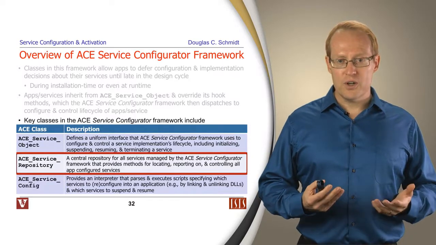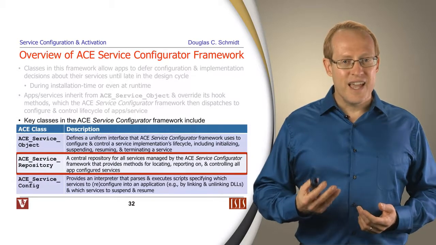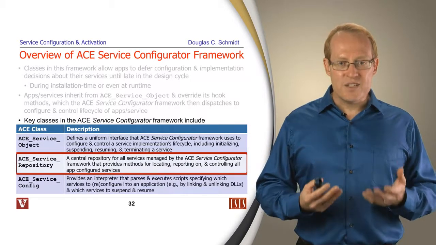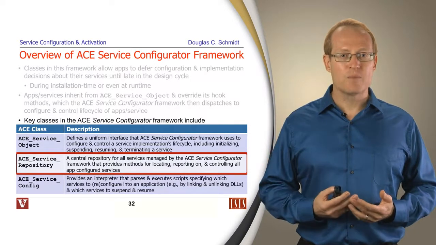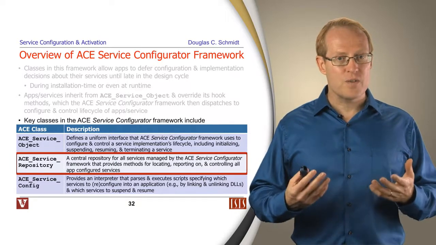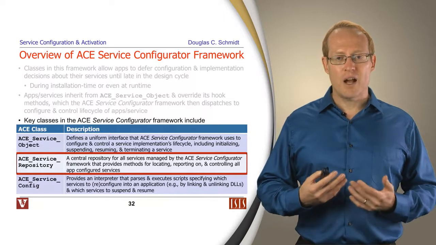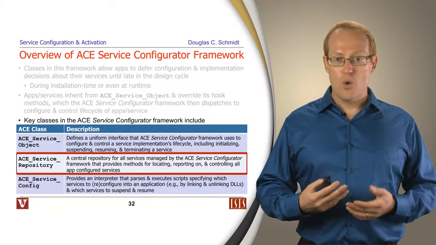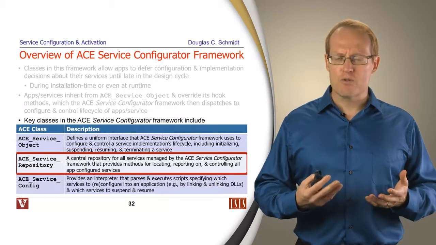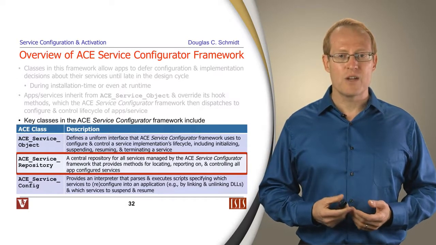There's also another class called the ACE Service Repository, and this is used to store instances of ACE Service Objects. Because we're going to be able to configure the application and its services dynamically, we need to have a common place to go to learn what services are actually provided at any given point in time. And so the service repository is used to keep track of that kind of information.